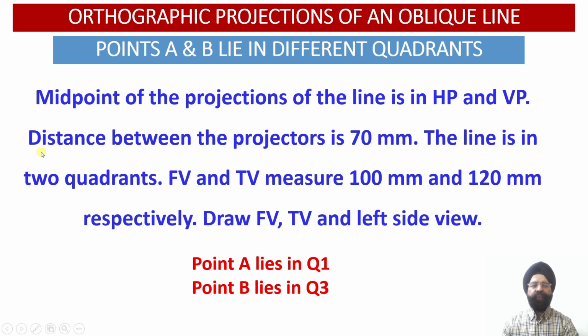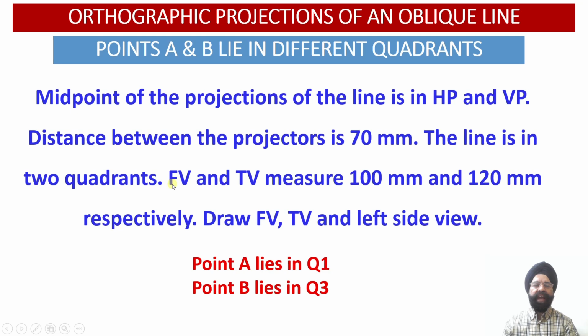Another piece of information we have been provided with is that the distance between the end projectors of the line happens to be 70 millimeter, and the line is lying in two quadrants. That is, the end A will be lying in quadrant 1, while the end B of the line will be lying in quadrant 3.